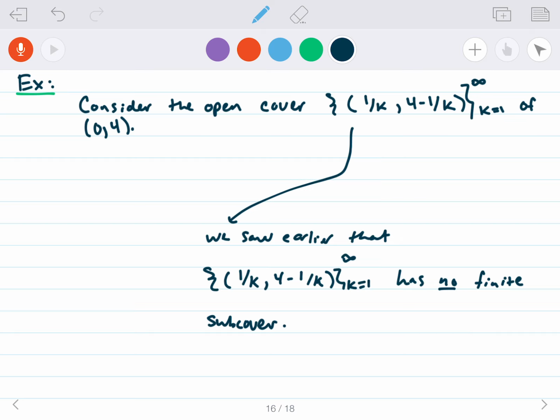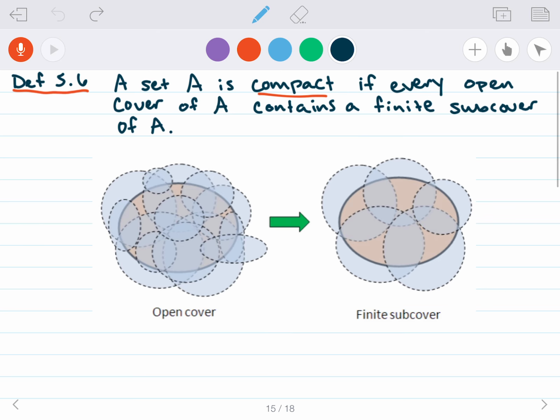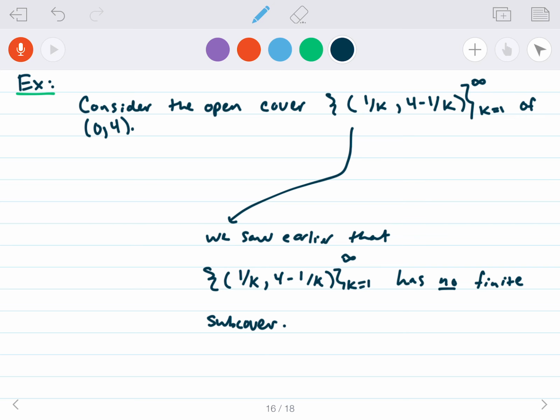So we asserted that before. And therefore, by the definition of compact, this can't be compact. So actually I should add (0, 4). Thus, (0, 4) can't be compact.